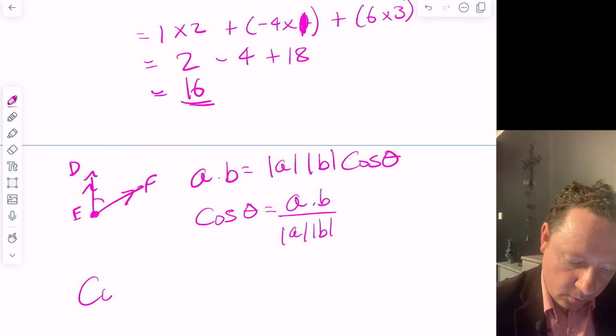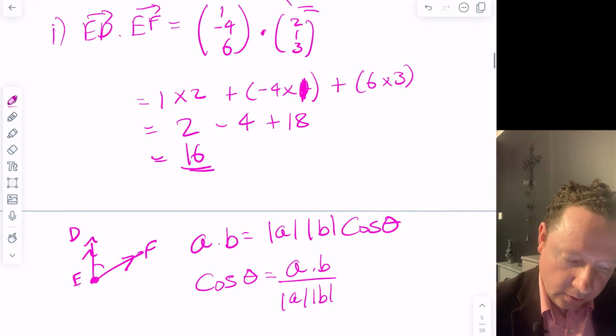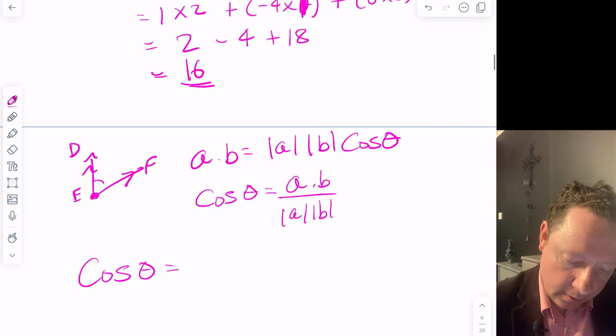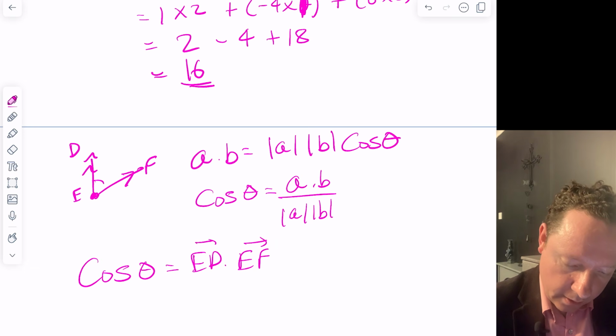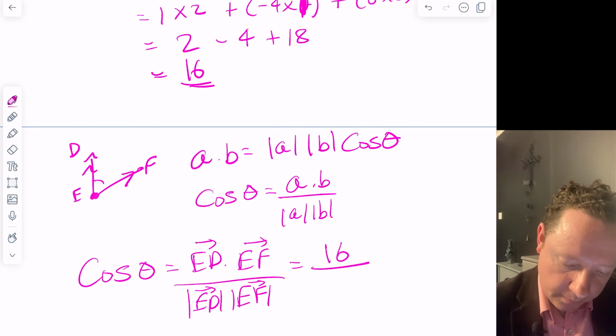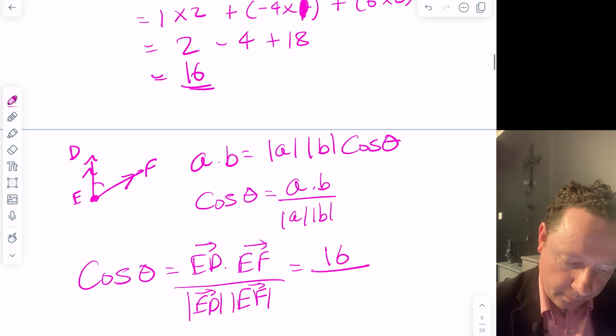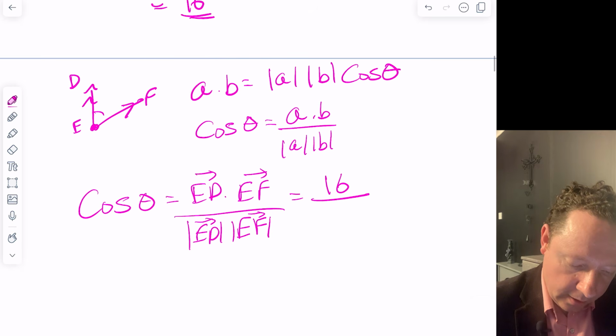So for this example, cos theta is ED dot EF all over the size of ED and the size of EF. So that is just 16 over something. So I need the size of ED. So let's look at ED again.